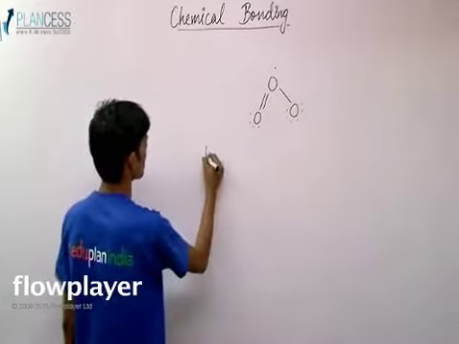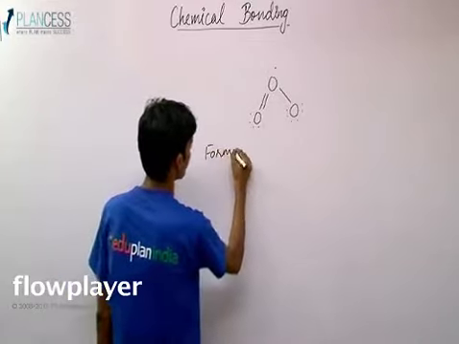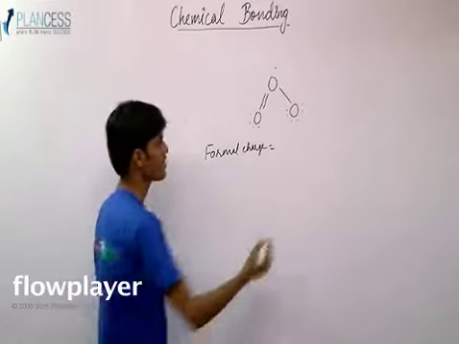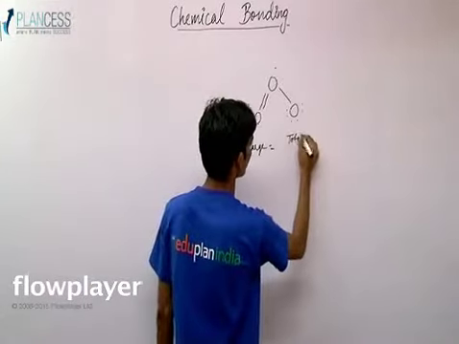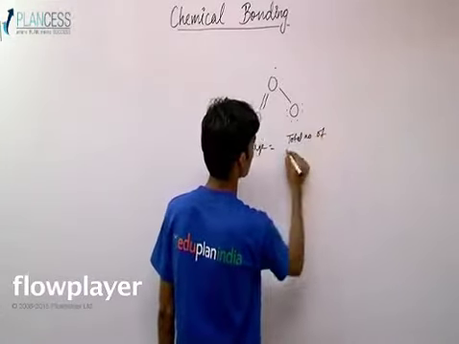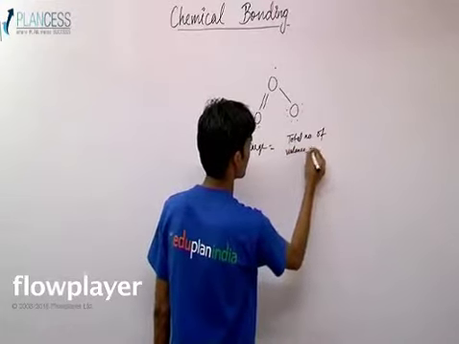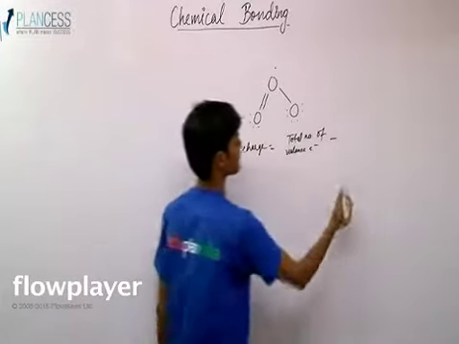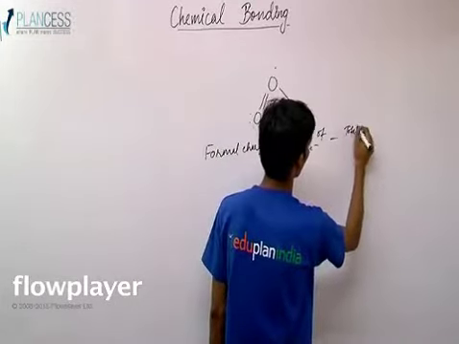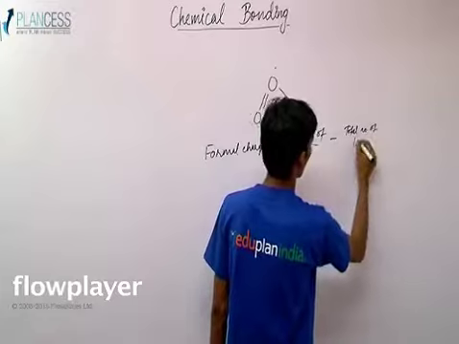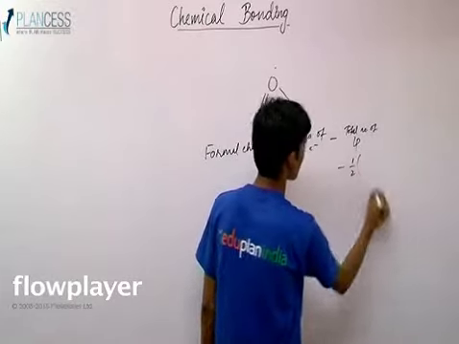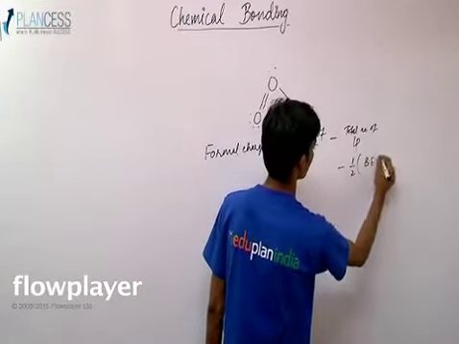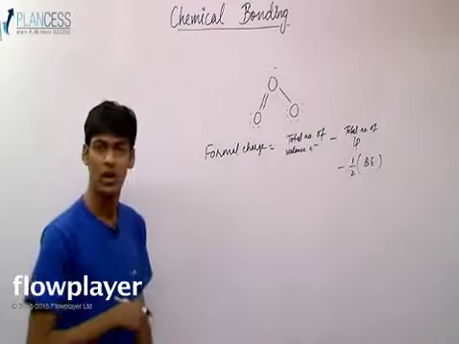The formal charge is defined as the total number of valence electrons present in the free state, minus the total number of non-bonding electrons, or the total number of lone pair electrons, minus half times the total number of bonding electrons. Bonding electrons, I replace by B. So this would be the formal charge on that atom.